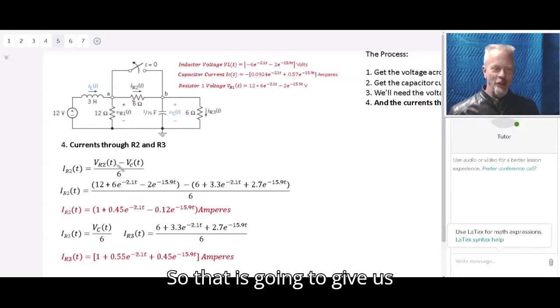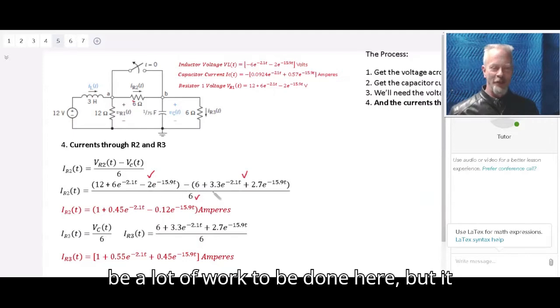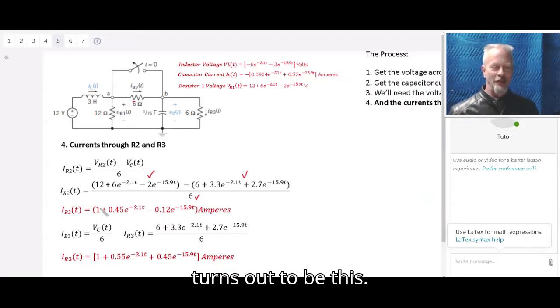So that is going to give us this here, V_R2 minus V_C divided by the 6 ohms. There's going to be a lot of work to be done here, but it turns out to be this. I_R2 is equal to this many amperes.